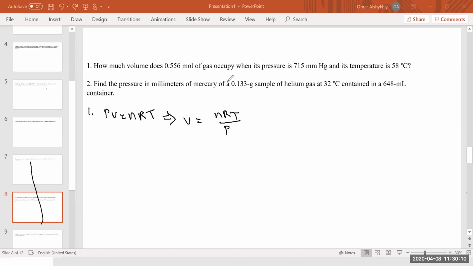But be careful, guys, careful with the unit. Here the pressure is in millimeter mercury, we need to convert it to atmosphere, and the temperature to Kelvin.